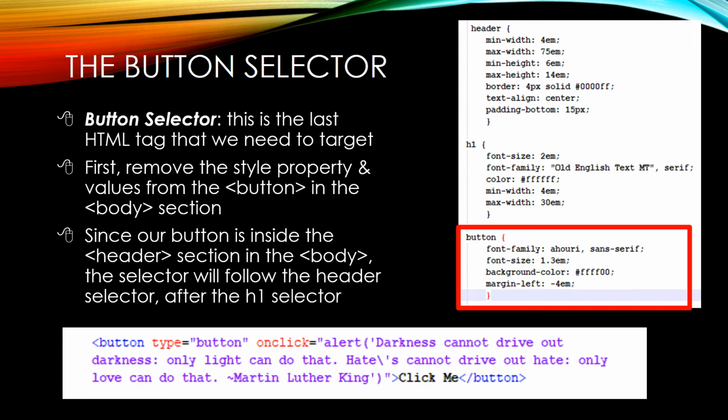In this case, I added the font family, font size, background color, and because I wanted to get it more centered on the page, I added a left margin. Now, the reason why the button selector follows the H1 is because the H1 and the button are all located inside the header section. So we want to group them together so it's easy to find.